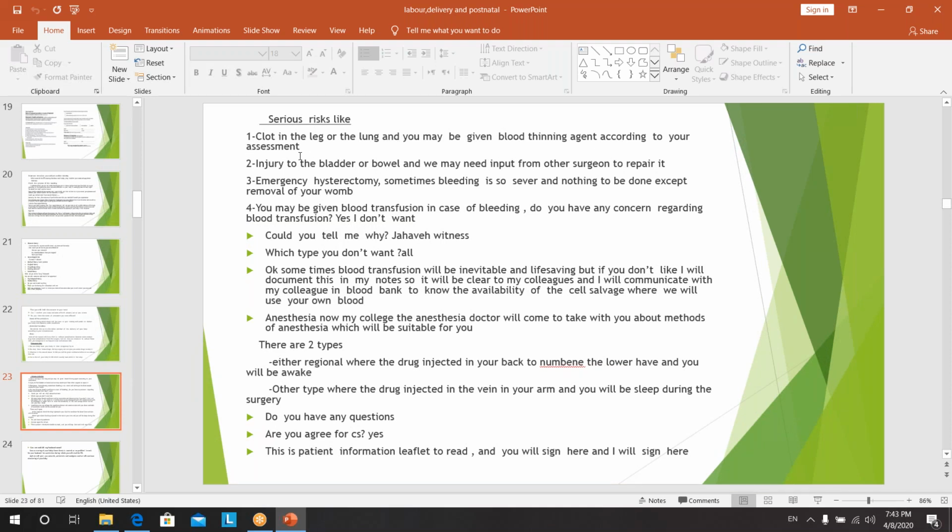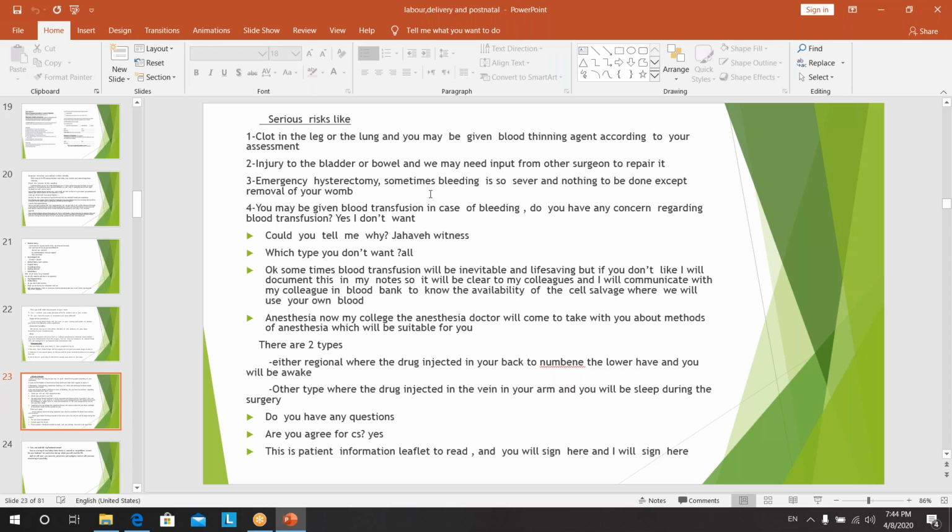Okay, so you mentioned the risk and how to protect her from this risk. So now the patient may be assured or safe. There may be injury to the bladder or the bowel, and we may need input from another surgeon to repair it.